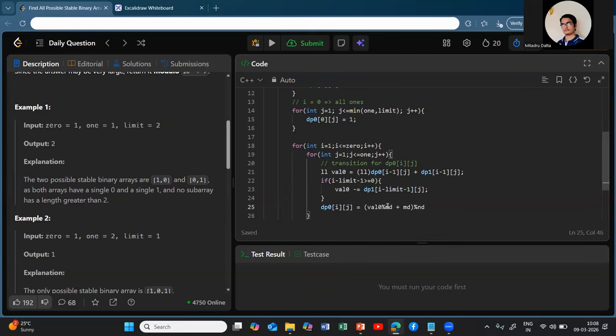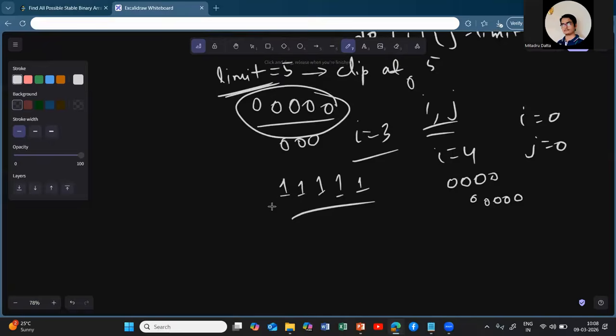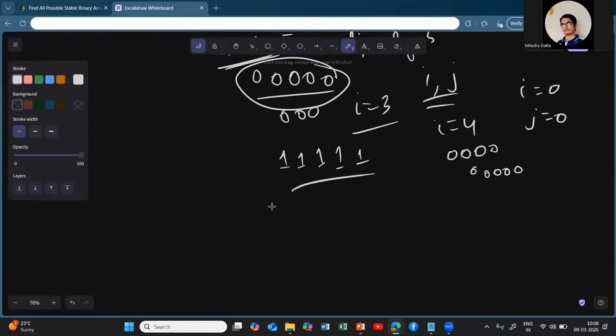Okay, so this is nothing but this thing. So if a plus b whole mod, I hope this goes something like this: a modulo mod plus b modulo mod.